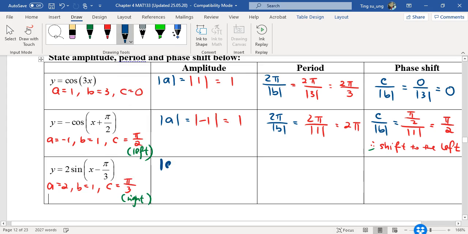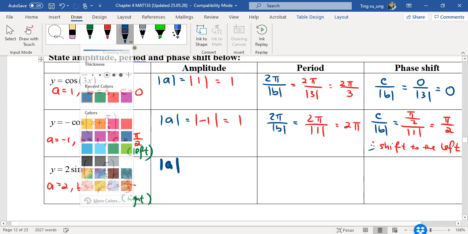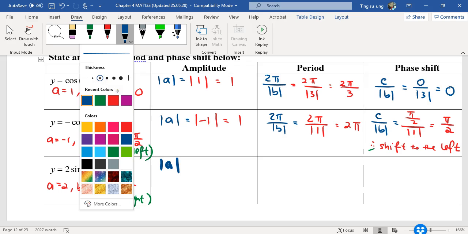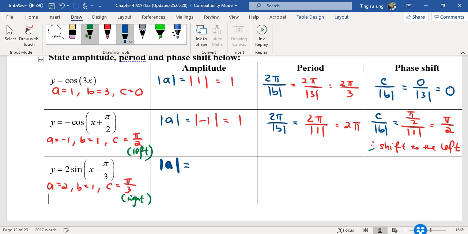So continue. Absolute a is equal to, just substitute in, equal to 2. After that, 2 pi over absolute b. So 2 pi over, your b is 1, so 2 pi.